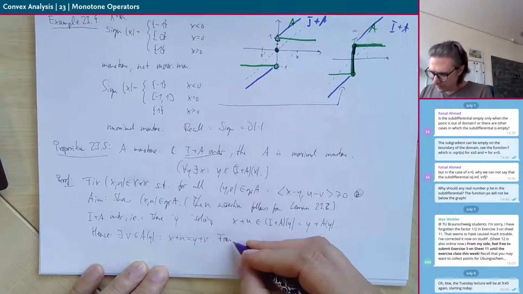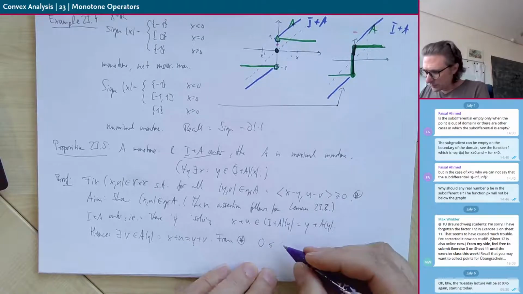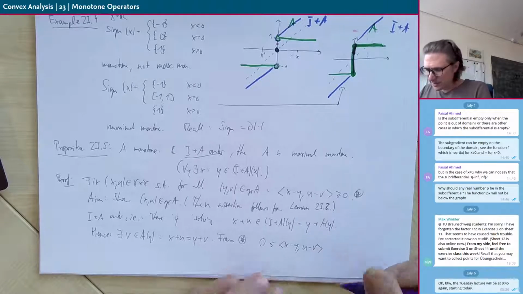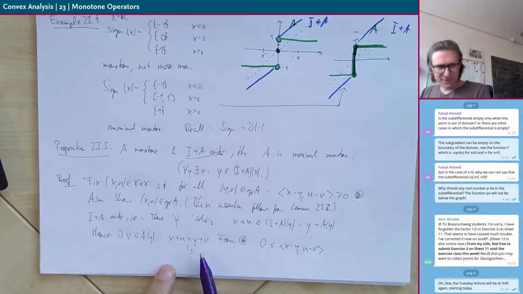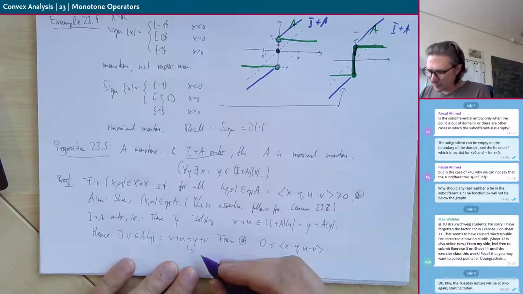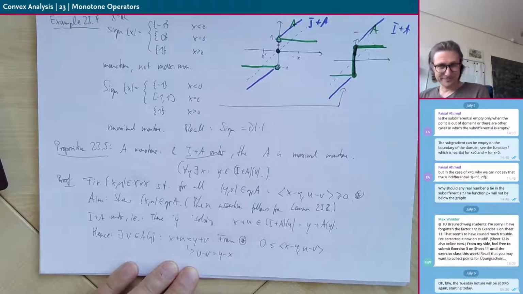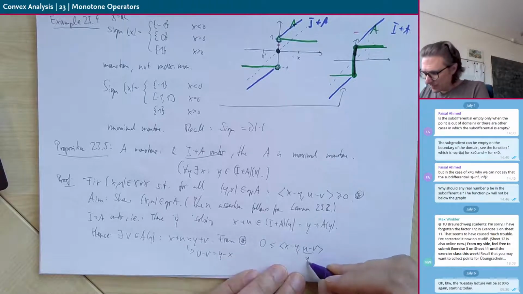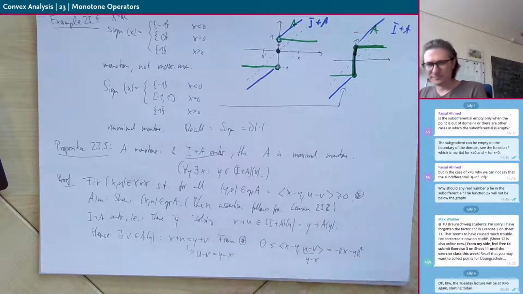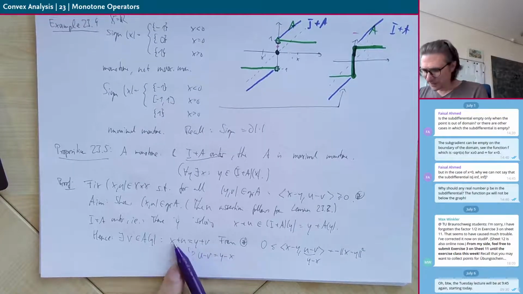So this is what I've written here. But we also have this star. You know that 0 is smaller or equal to x minus y, u minus v, and now we can, for example, reformulate it: u minus v is actually the same as y minus x. So this here is negative norm of x minus y squared. From here, you bring the v over here, the x over there, you get it like that.